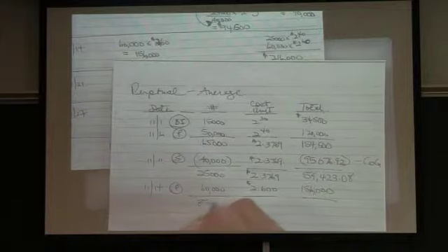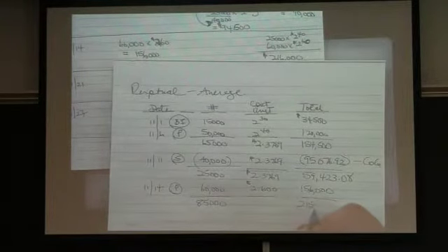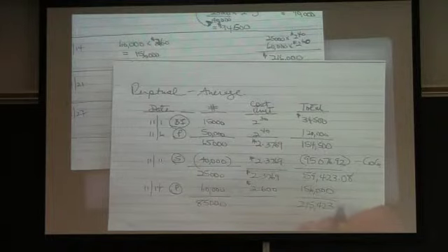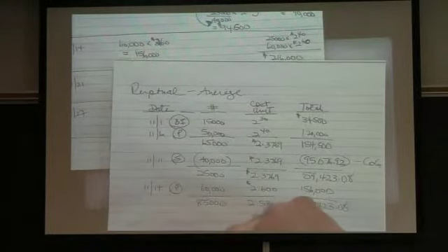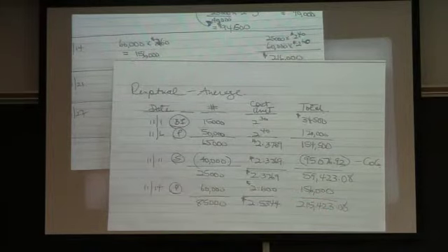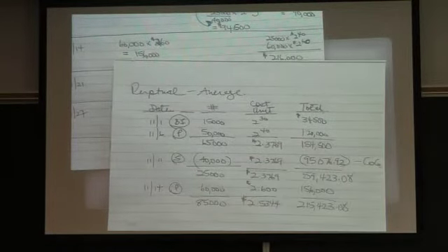That's 85,000 units, and this is 156,000 plus 59,423.08, which gives me 215,423. Divided by 85,000, that gives me $2.5344 per unit. So each time there's a purchase and sale, I have to recalculate the new weighted average.